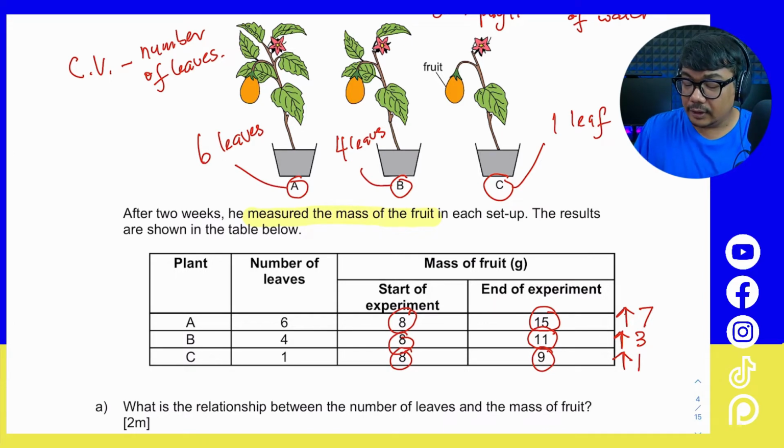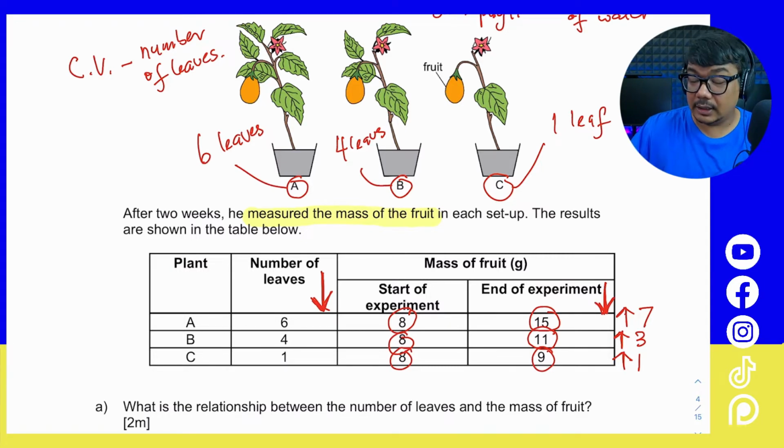If we take a look at this, we realize that the number of leaves, 6, 4, and 1, is arranged in decreasing order. The mass of the fruit at the end of the experiment, the increment, is also in decreasing order.